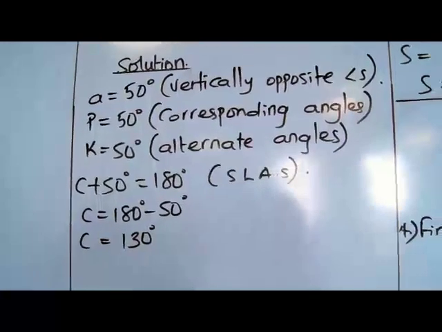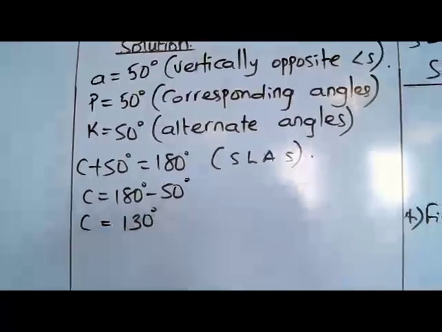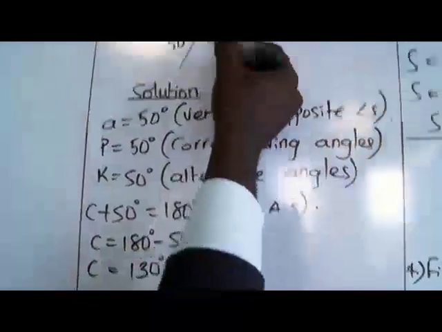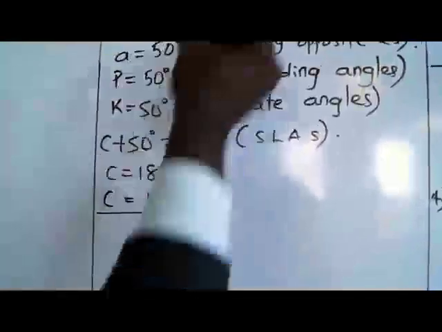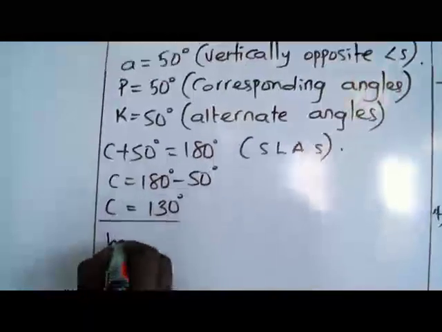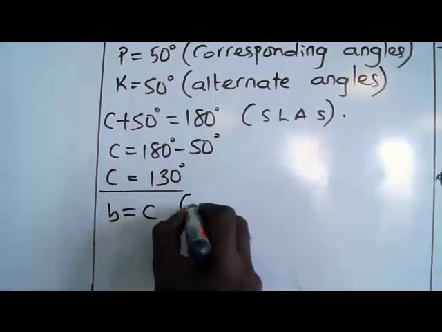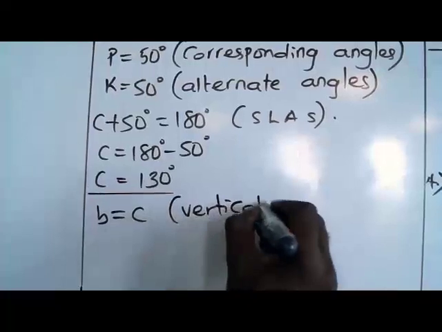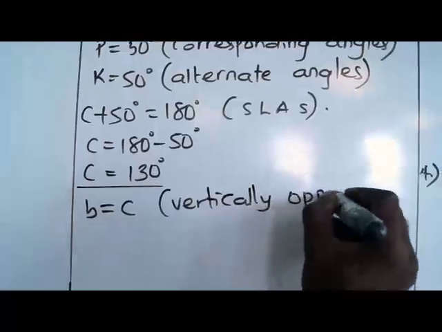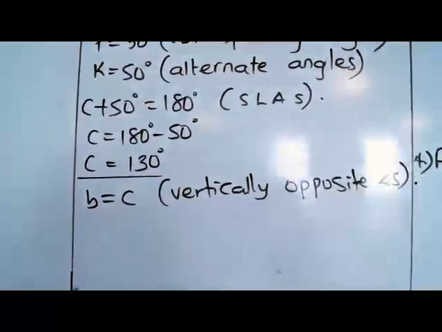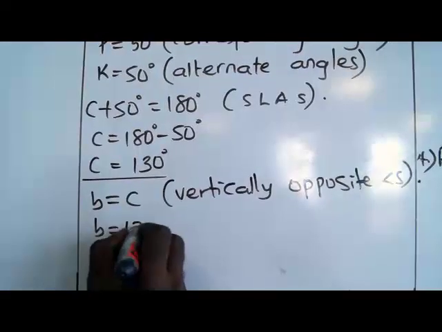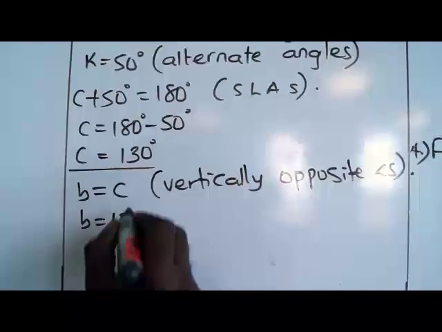So if C is 130 degrees by the property of straight line angles, then you can get your B. B is equal to C because they are vertically opposite angles. If that is true, then I can say that B is also equal to 130 degrees.